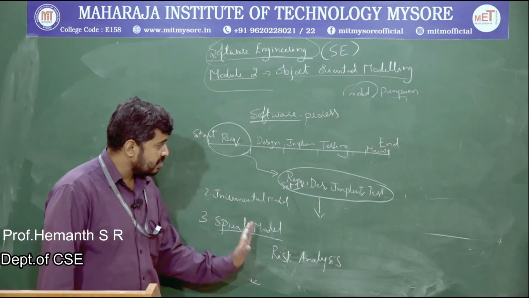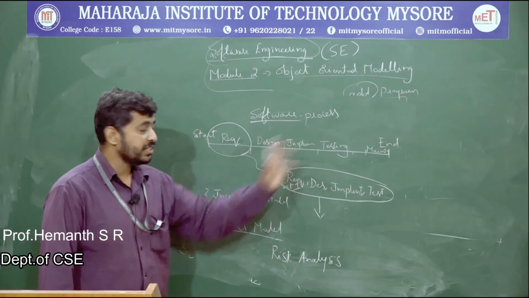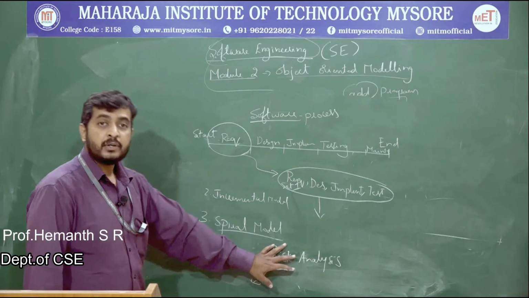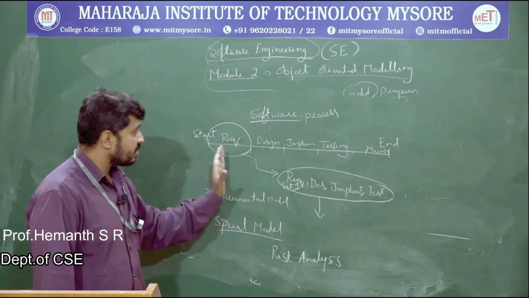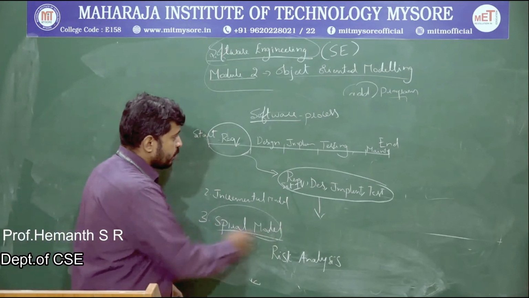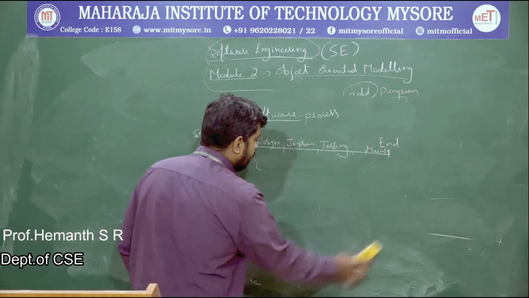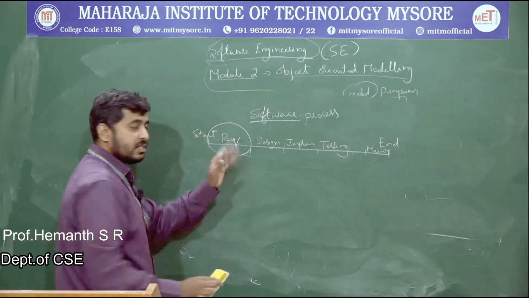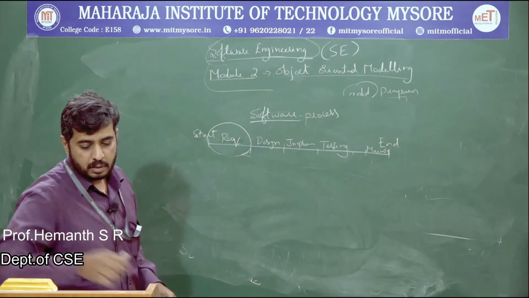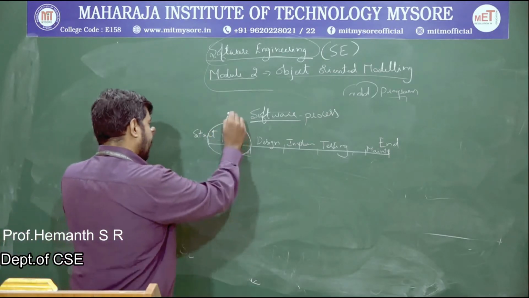In each and every stage of software requirement collection, design, implementation, testing, we try to figure out what may be the risk involved and we try to mitigate the risk. So that is a specialty of the spiral model. So different models we had seen in software process, various models we experienced.